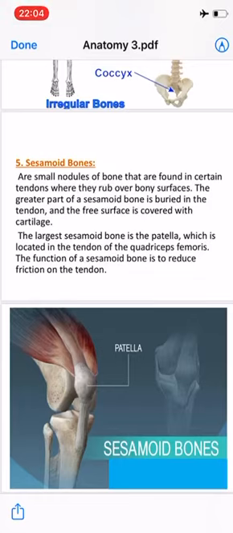And the greater part of this sesamoid bone is buried in the tendon. تقريبا الجزء الكبير من السيسامويد بون buried in the tendon، مدفون في داخل التندن.